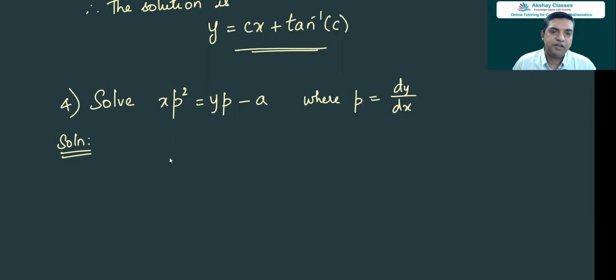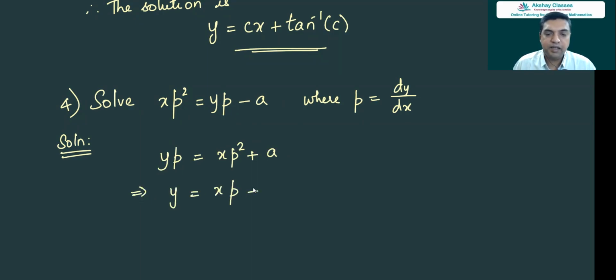So take a to the other side, y times p is xp square plus a, divide by p, y is equal to xp plus a upon p.